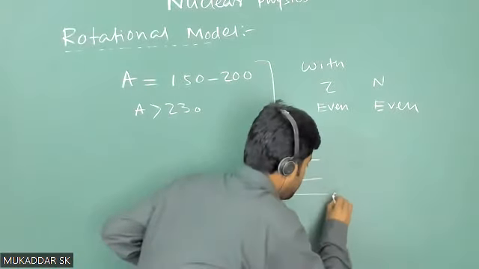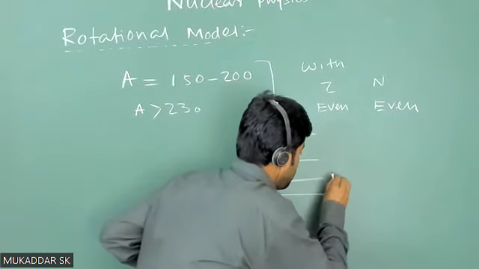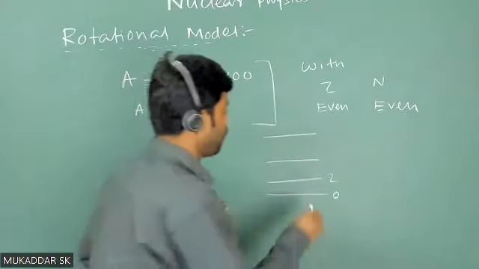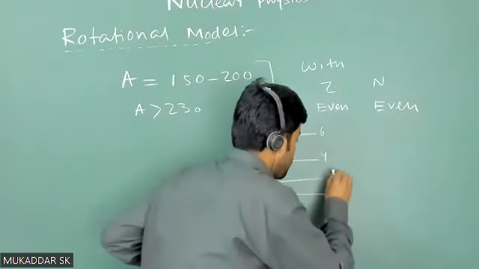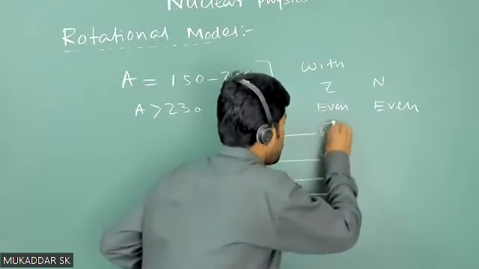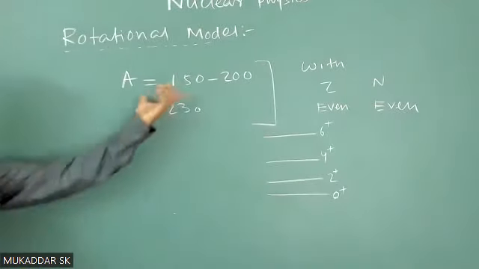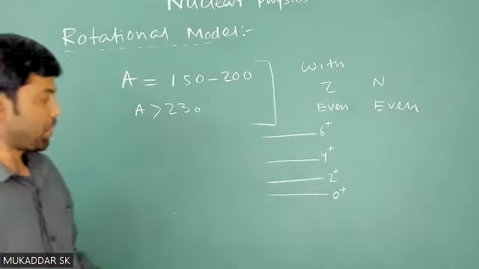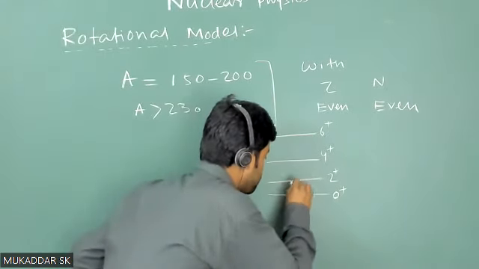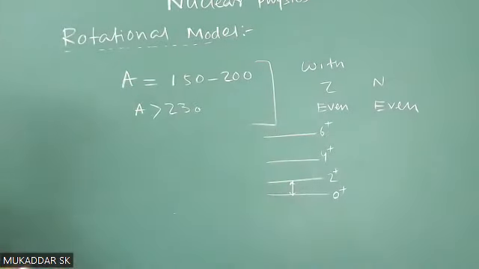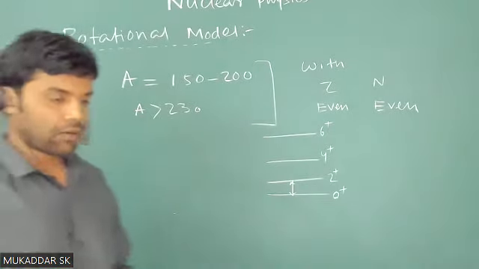with even spin, meaning spin 0, 2, 4, 6, and so on, with even parity. These are the levels that exist for such nuclei. And the energy separation between two successive levels is of the order of kilo electron volt. Did you get what I'm trying to say?